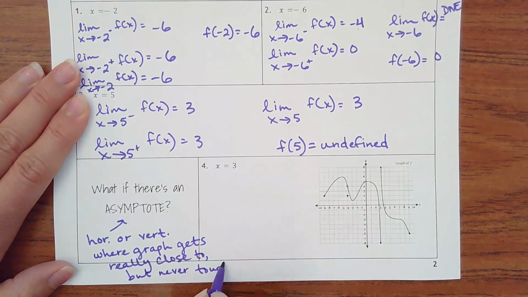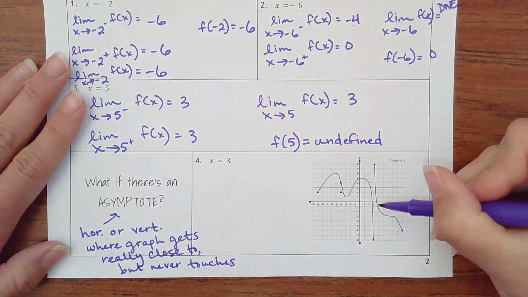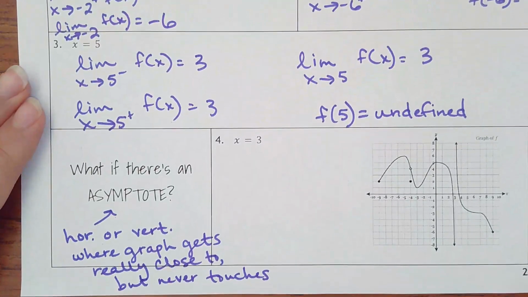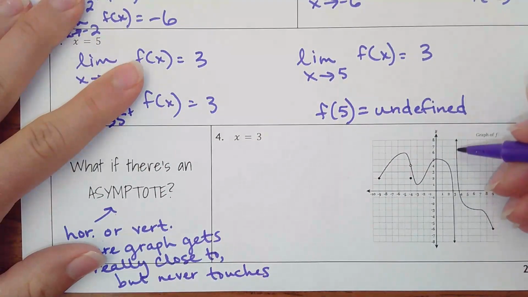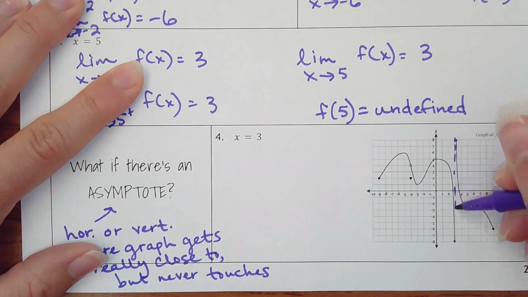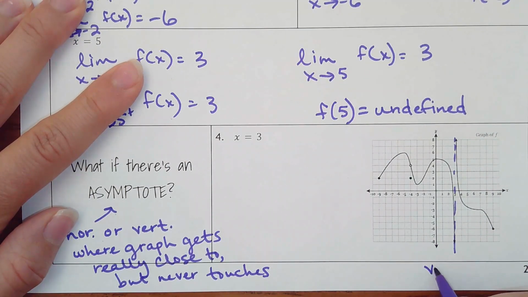All right, so at x is 3, we're going to do the same thing here. I'm going to zoom in a little bit more. At x is 3, you can see that this end goes up really steep, and this end down here goes down really steep. So that's actually a vertical asymptote at x equals 3.